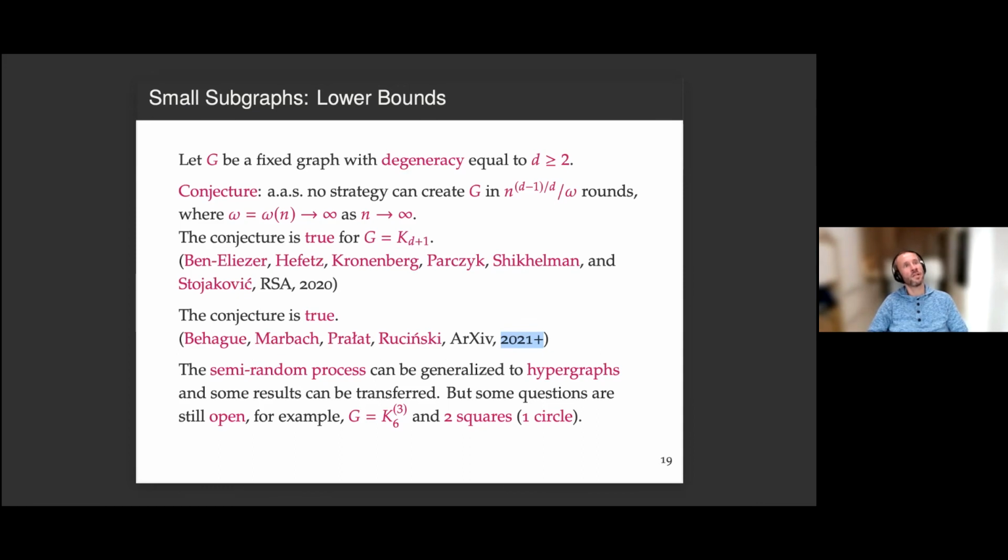So yeah, there were some other things happening, but what I wanted to say, and that's why I want to mention that, is that except those few results, everything you've seen today, plus maybe Michael's paper, I think that's probably everything that is known about this semi-random process. So everything is open. That's exciting in the sense that you can pick your favorite monotone graph property and prove your bounds there.